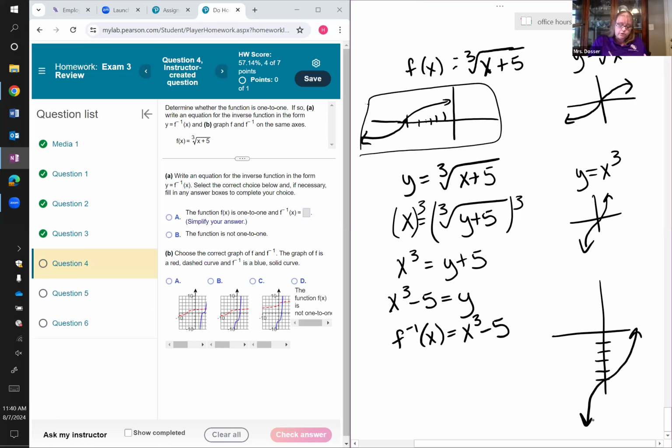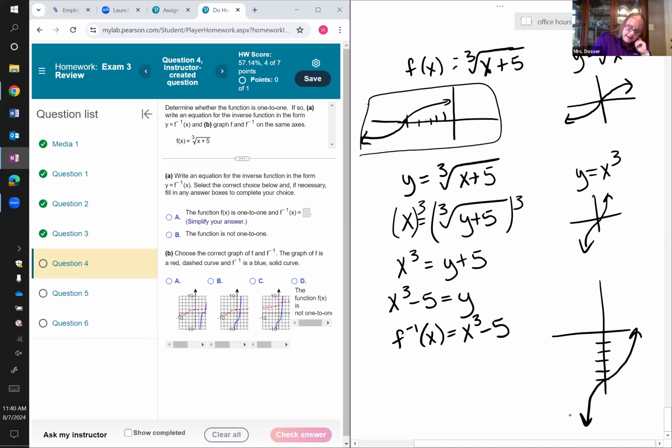So when we go back and we look at option A and B, so answer part B of the problem, answer choice A and answer choice B. Well, of those, answer choice A looks like it's got the cube graph shifted to the right, which is not correct. We shifted our graph down because of the minus 5 on the end.